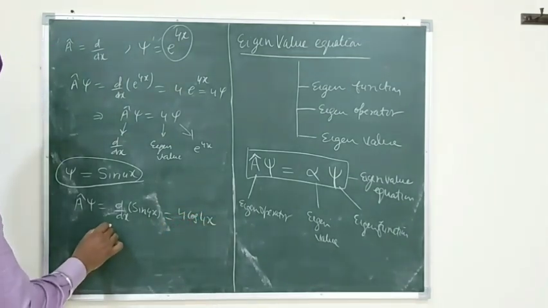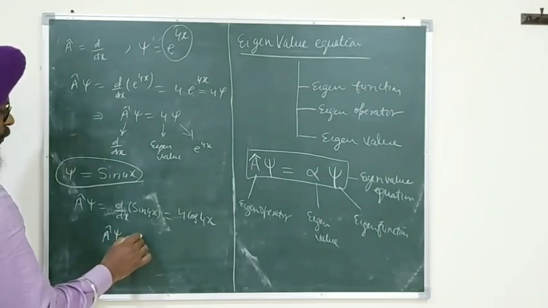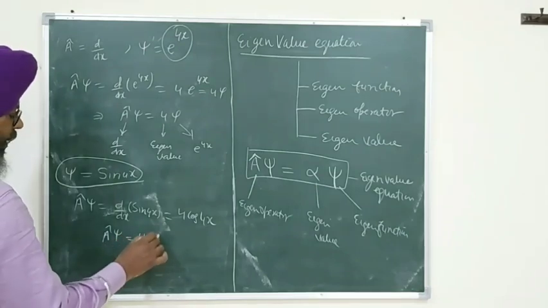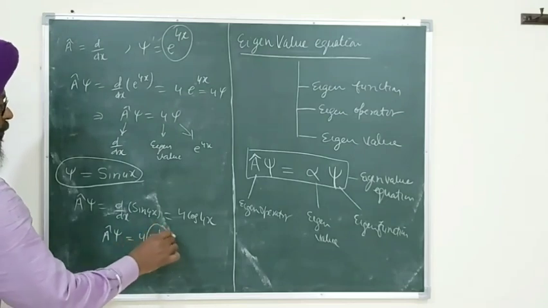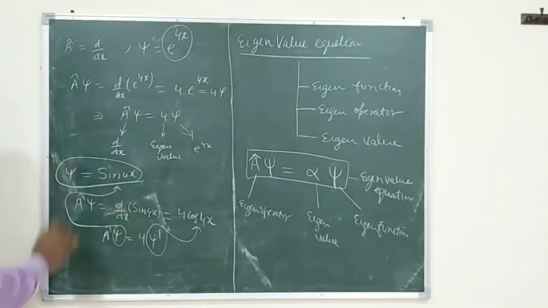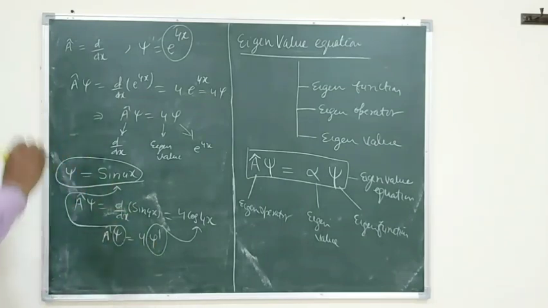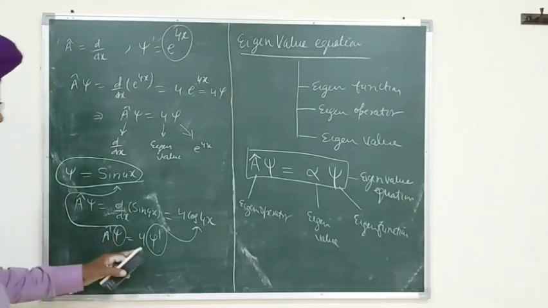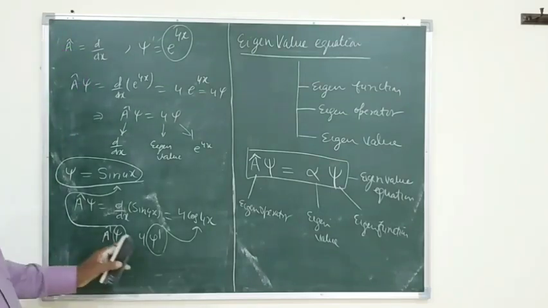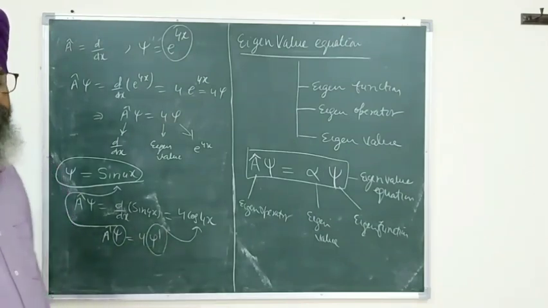Now you can see A cap psi is equal to 4 into psi dash, because this function and this function are not the same, so it is not an eigenvalue equation. So 4 is not an eigenvalue, A cap is not an eigen operator, and psi is not an eigen function.